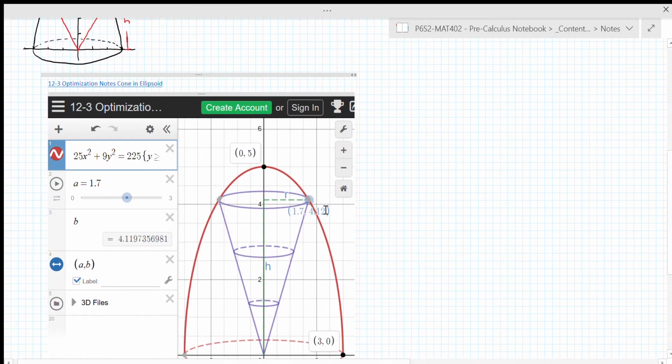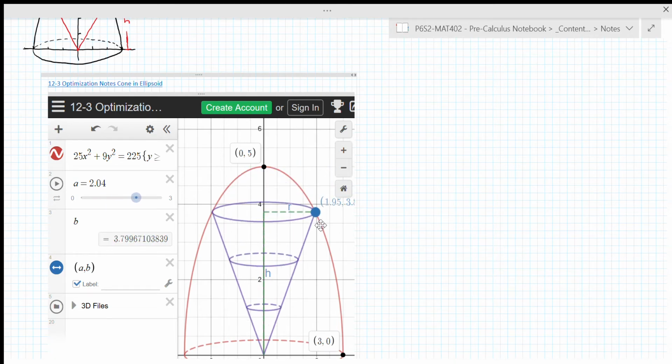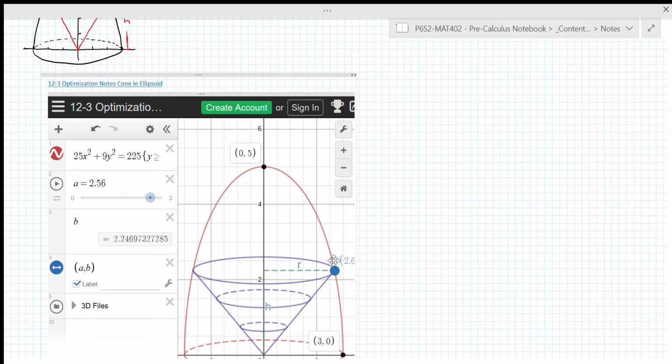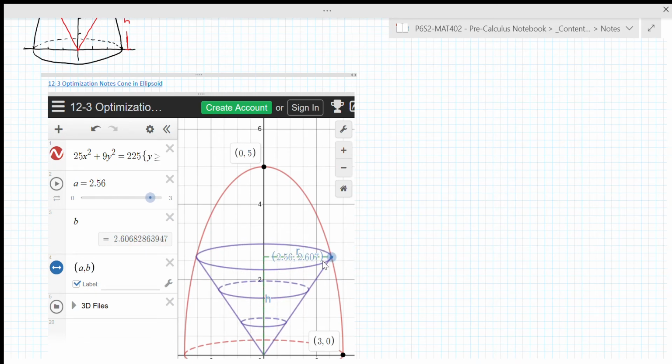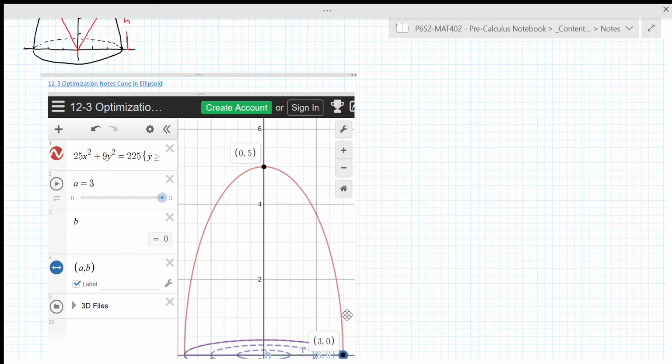The x and y coordinate could be a lot higher, and we'd get this really tall, skinny cone that probably doesn't have a lot of volume. As I bring that out wider, and wider, I get this larger cone that gets wider, but it gets shorter, until eventually, if I take it all the way out, I have no height whatsoever.